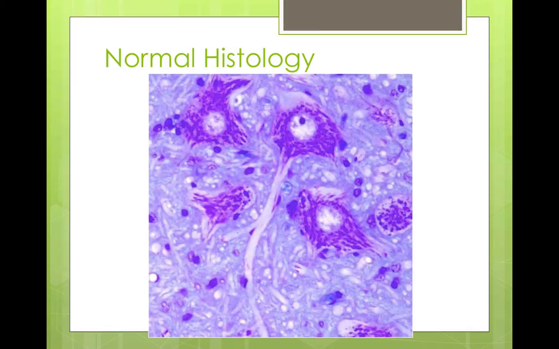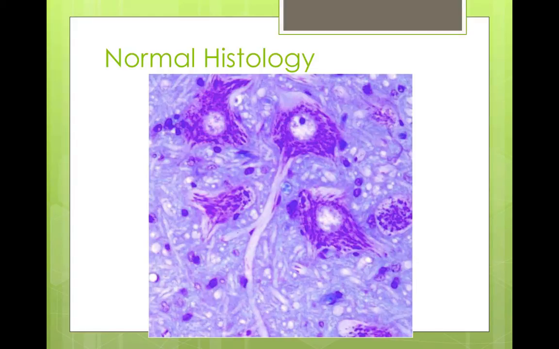So, the first thing I want you to remember well: what is the normal histology of the CNS? How does the brain actually look? Because if you don't remember that well, then you won't understand the pathology, the morphologic manifestation of the disease.